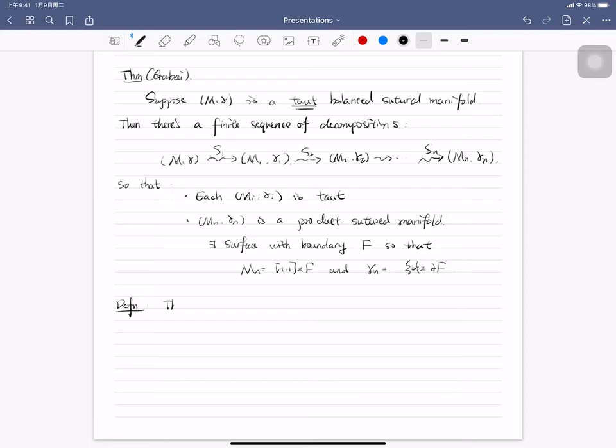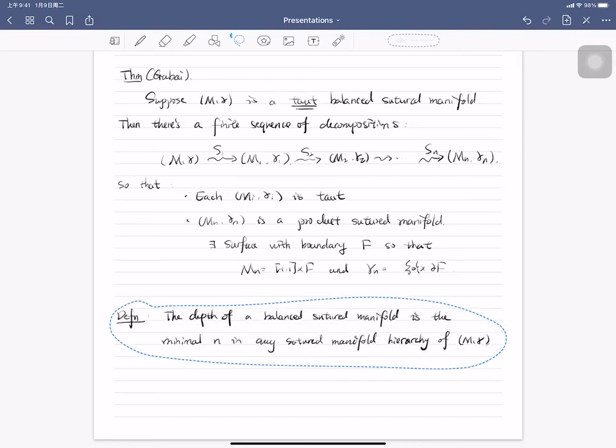And this leads to a very important definition about the depth. The depth of a balanced suture manifold is the minimal n in any suture manifold hierarchy of this M and gamma. So let me add this definition about hierarchy.